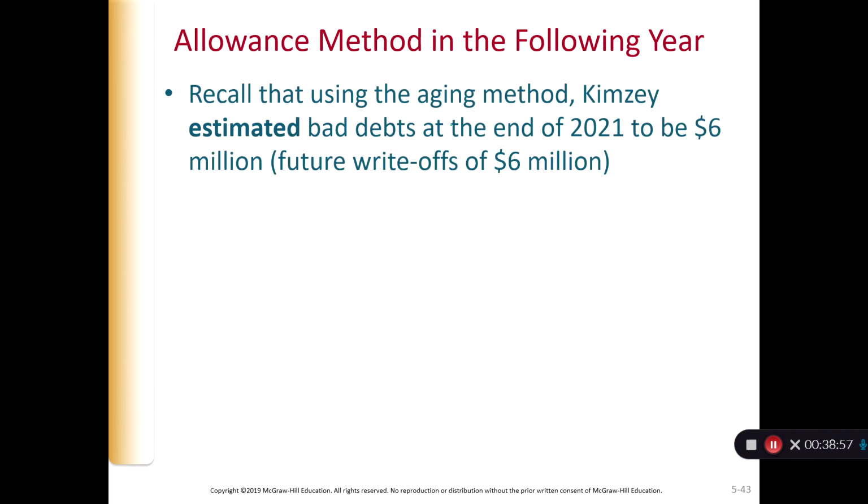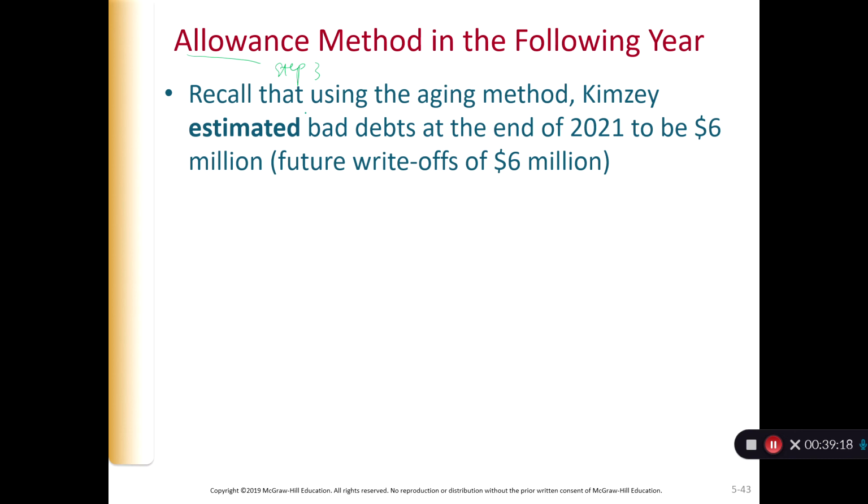So let's talk about how we record step 3. Once we write off what actually didn't get collected this year, we want to estimate again what's not going to be collected next year.